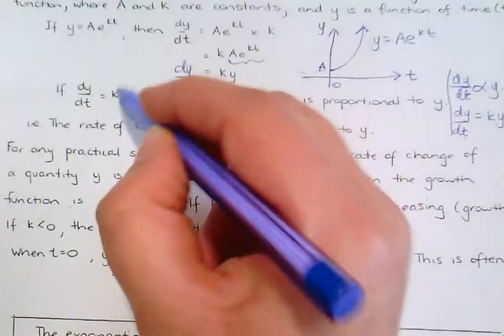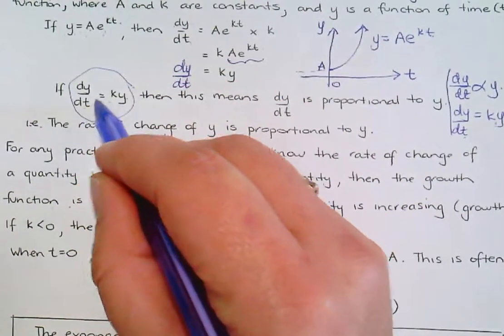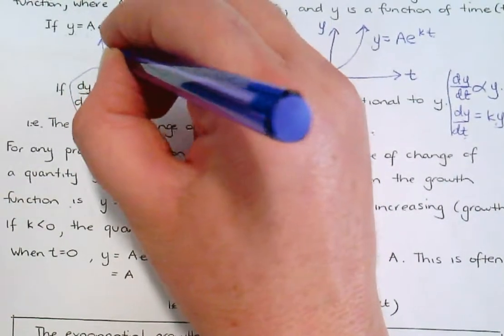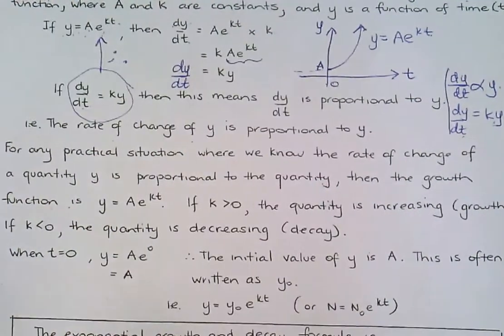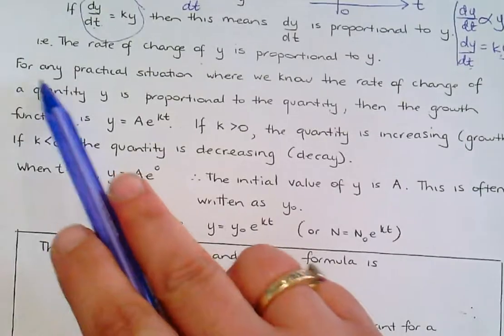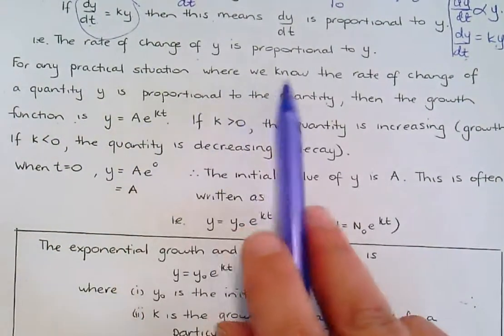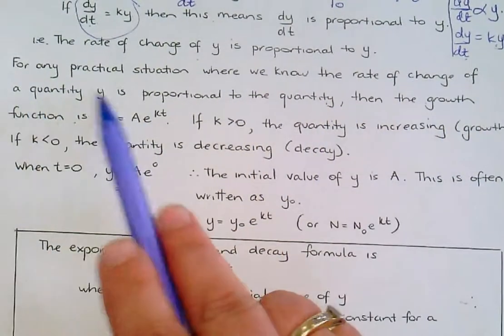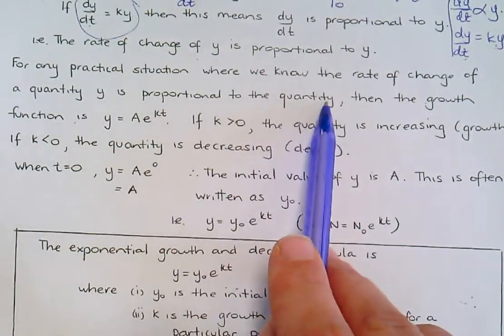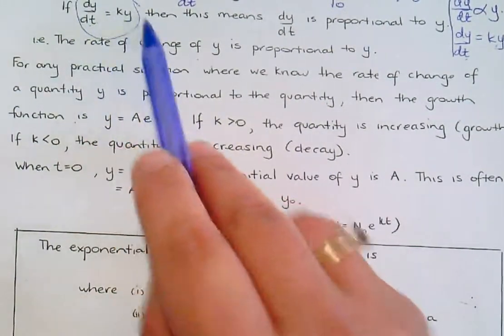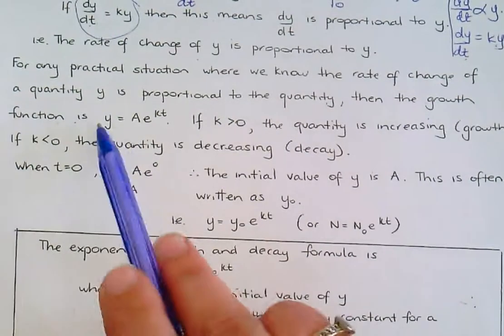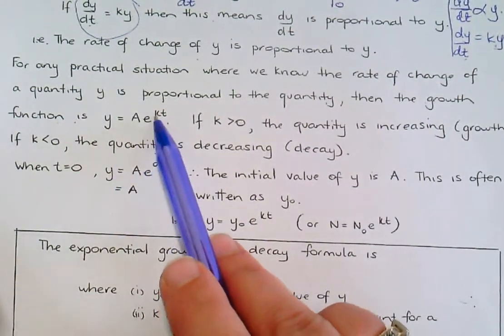That's what this is saying. For any practical situation where we know the rate of change of y is proportional to the quantity, in other words dy/dt equals ky, then the growth function is y equals Ae to the kt.